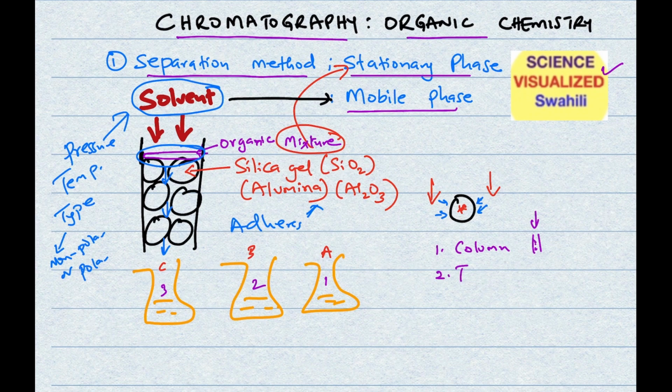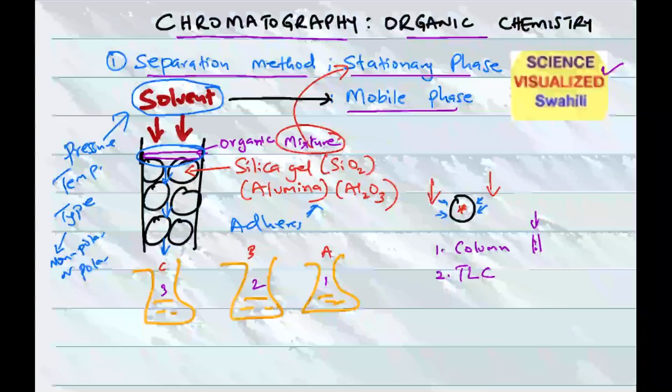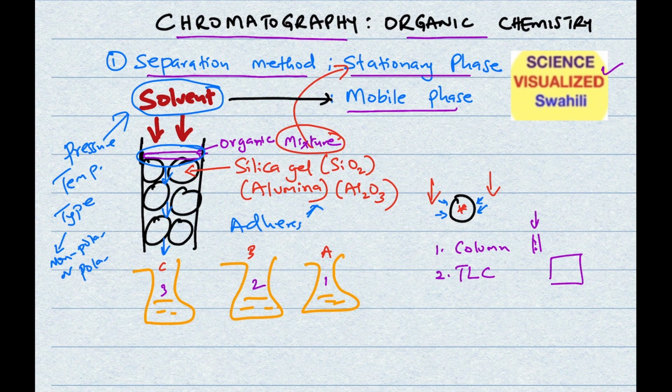Number 2 is thin layer chromatography, also called TLC, where you have a glass plate that's painted or smeared with alumina or silica gel, and then you put a line here and you introduce the mixture that you want to separate.